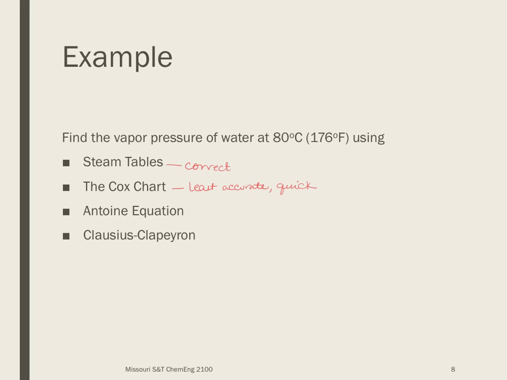The Antoine equation, okay, now we have the Antoine equation and the Clausius-Clapeyron. The Antoine equation was fit to data. So this one will probably be pretty good because it was based on fitting the curve to actual data. Now there is a caveat there: it's going to be pretty good as long as I am in the correct temperature range.